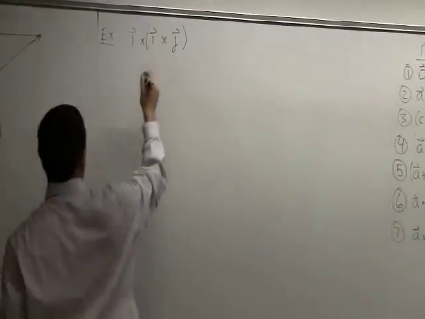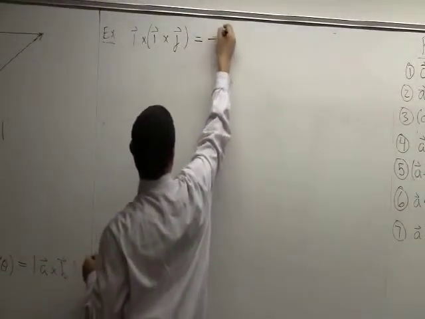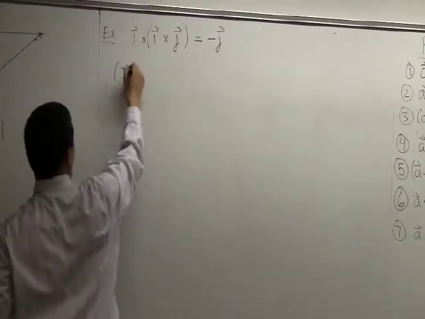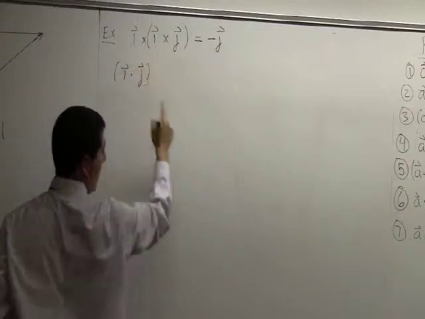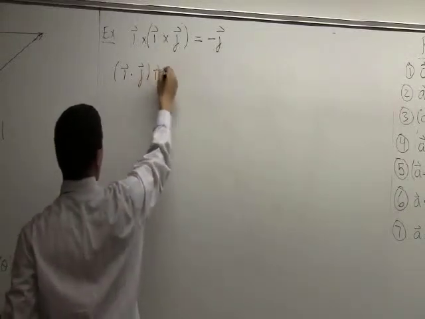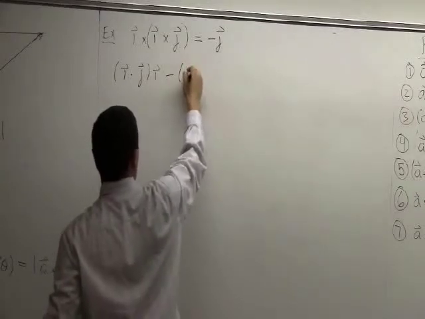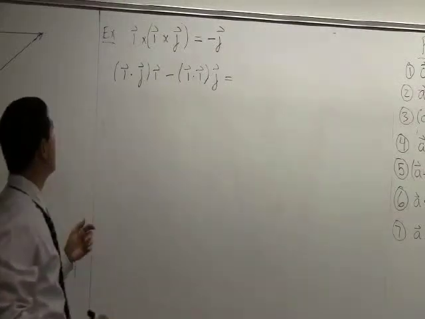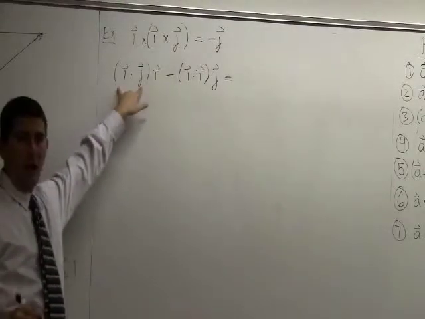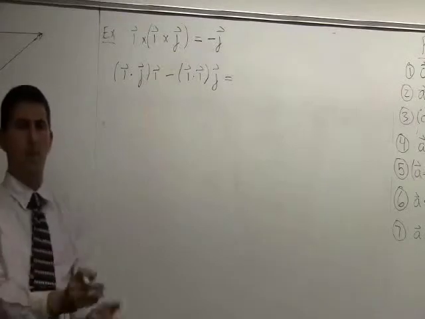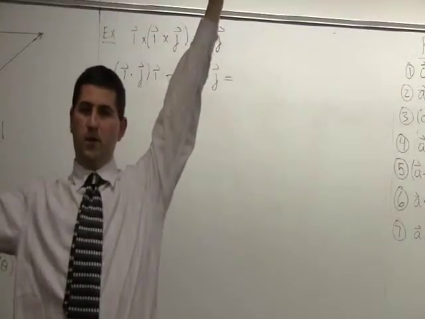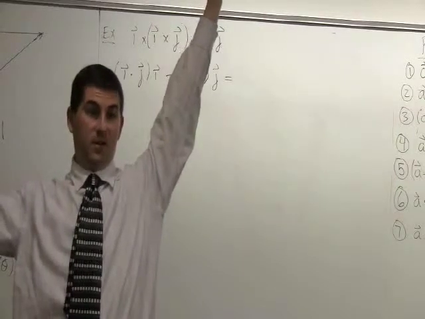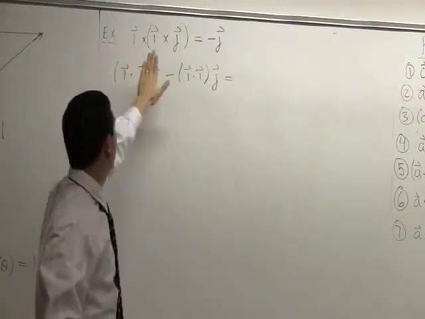It ended up being minus J. Okay, so let's compute the other side. So the other side would read I dot J times I minus I dot I times J. So let's see, what's I dot J? So these are vectors that are orthogonal to each other, right? What happens when you dot product orthogonal vectors? You get 0. So this whole thing is 0.